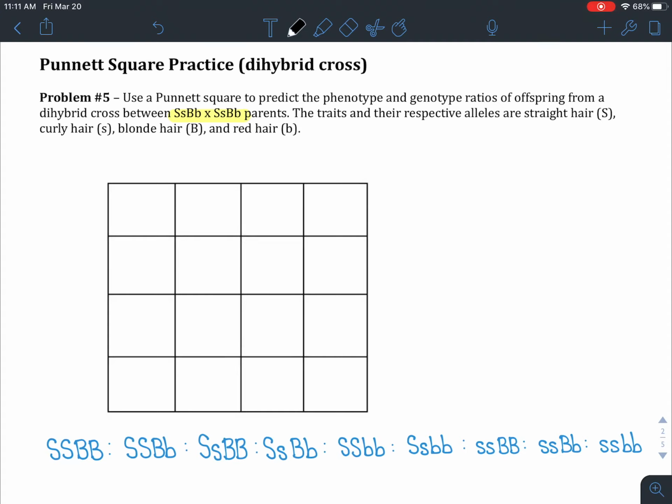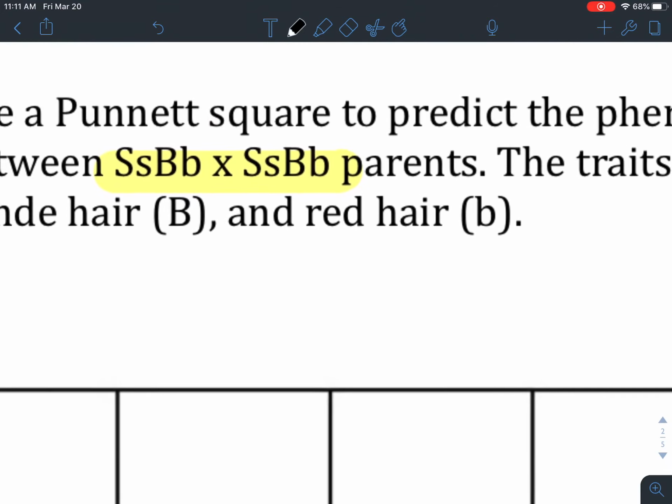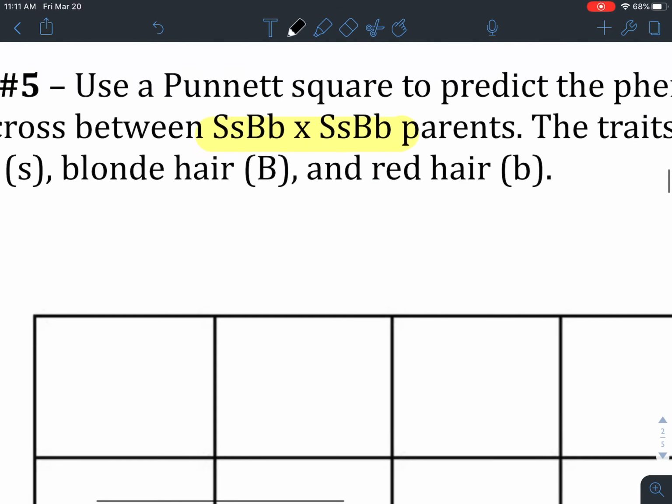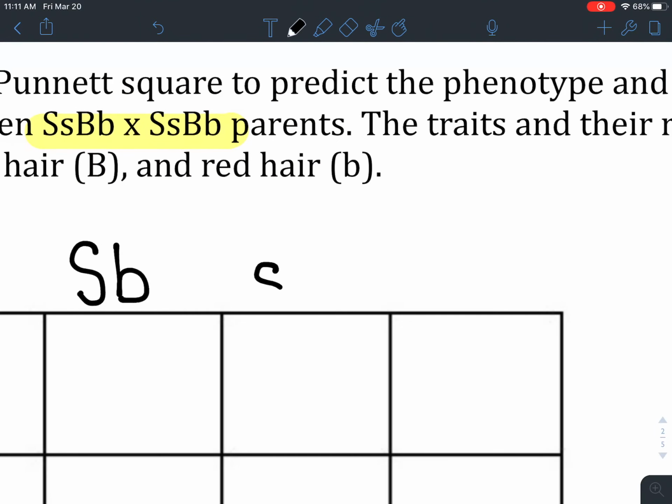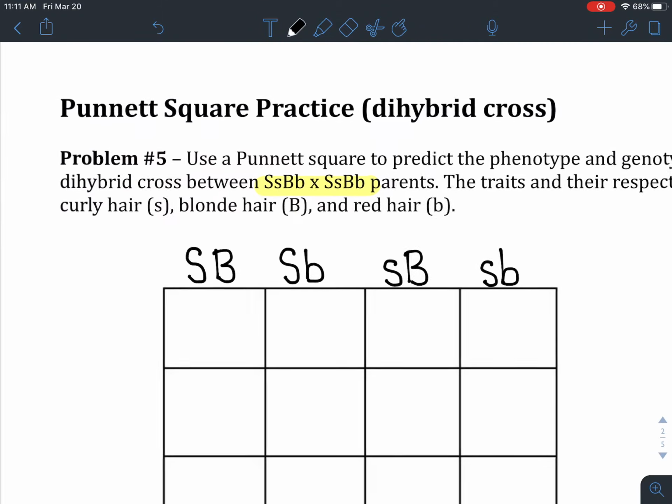What can the mother, the first one that we're going to write down, what can she pass on to her offspring? Well, she can pass on a capital S, so a dominant allele for the straight hair, and then a dominant allele for blonde. She could pass on straight hair, that would be red. She could also pass on curly hair, that would be blonde, or curly hair, that would be red.